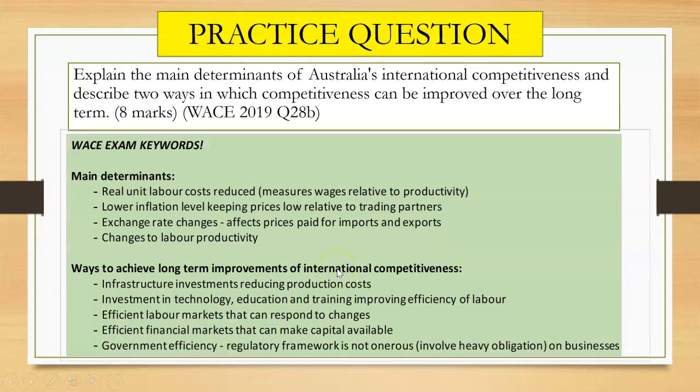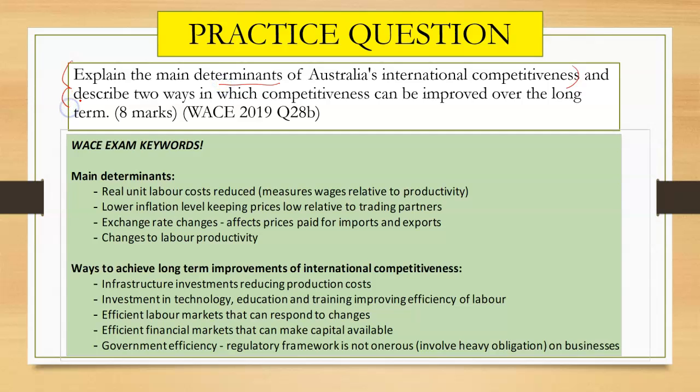Now let me show you one example of an exam question on international competitiveness. Explain the main determinants of Australia's international competitiveness and describe 2 ways in which competitiveness can be improved over the long term. So there are 2 parts. The first one is determinants.